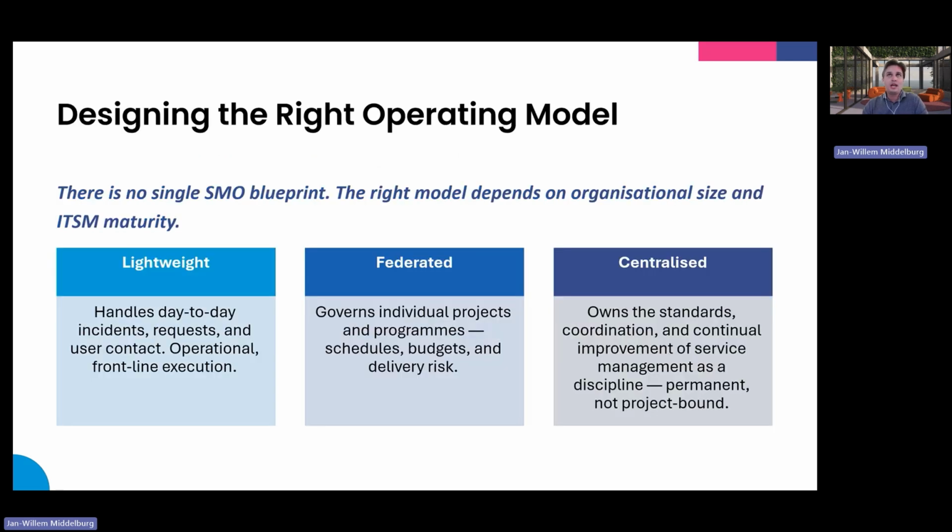Good. There are different ways to establish this, and this is where SMOs become really interesting. If there would be one uniform way in which a service management office should be established, it would have been very simple, because then we could just write it down into an operating model or into a blueprint, and then every organization could copy that blueprint from beginning to end, and it would all work perfectly. The reality, however, is much more difficult because there is no one size fits all.